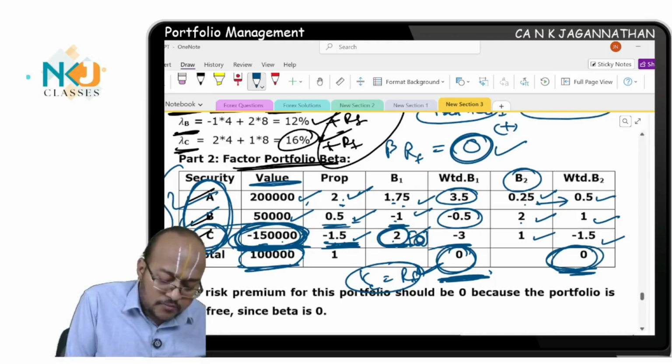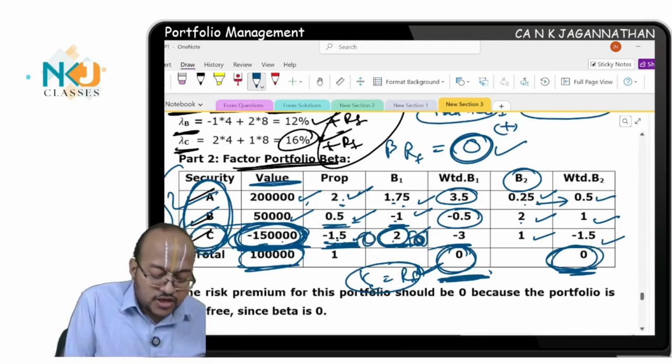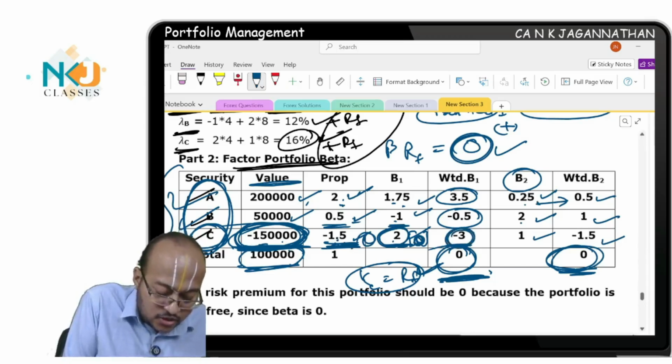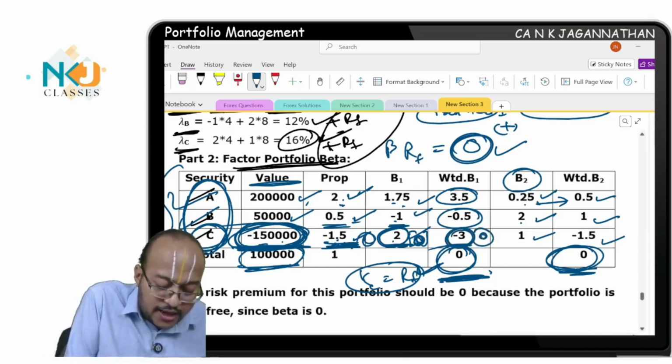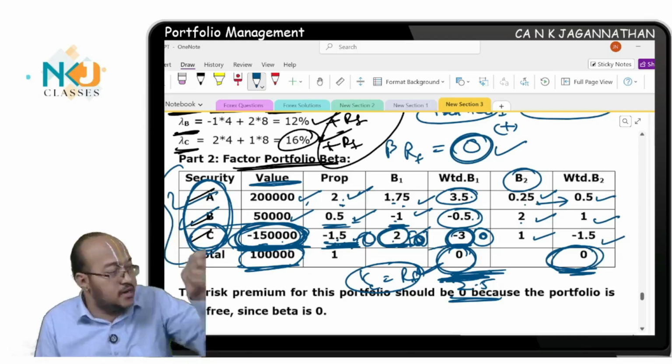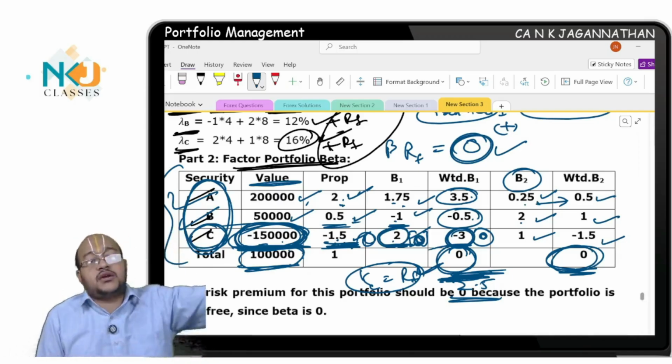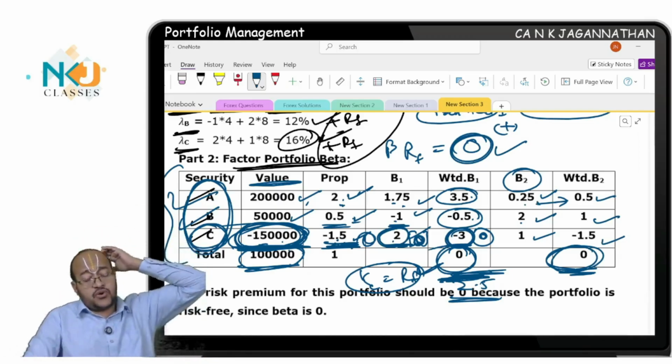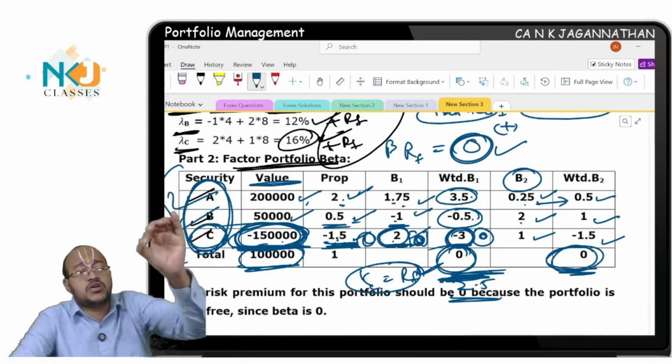Now, the borrowing beta will be 0. Yes, 0 into 1.5 will be 0. Which means the minus 3 you cannot bring down, it will be 0, and 3.5 minus 0.5 is still 2.5, and the portfolio will still be risky and will never be risk free. Portfolio risk can even be brought to 0.